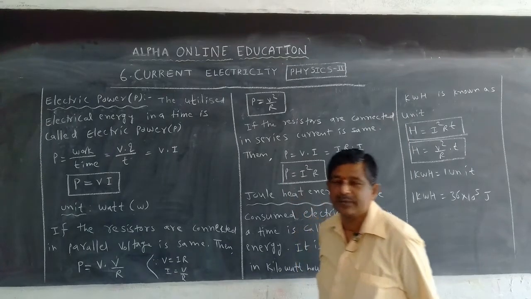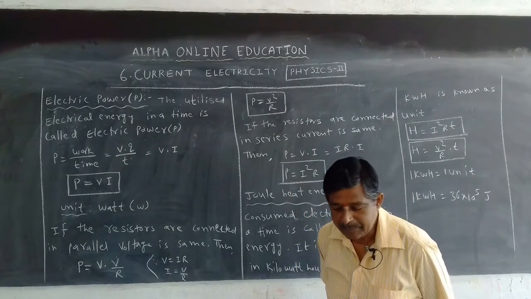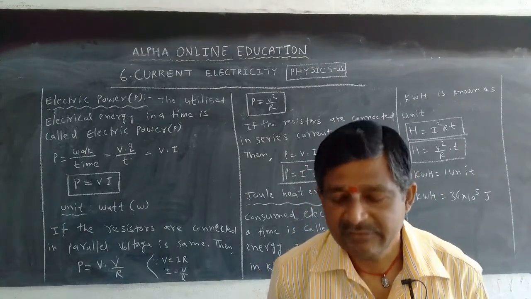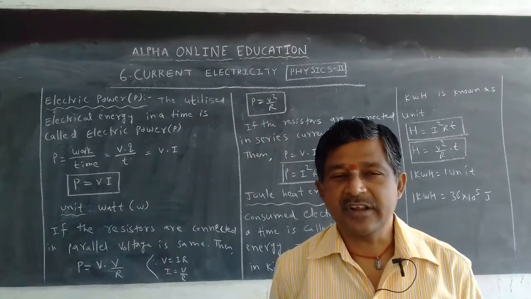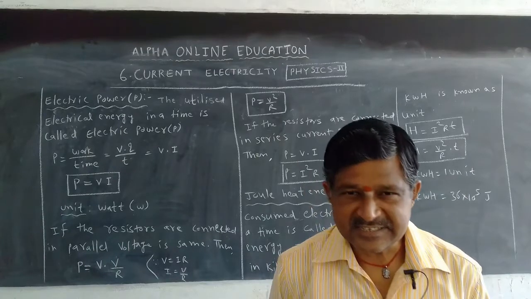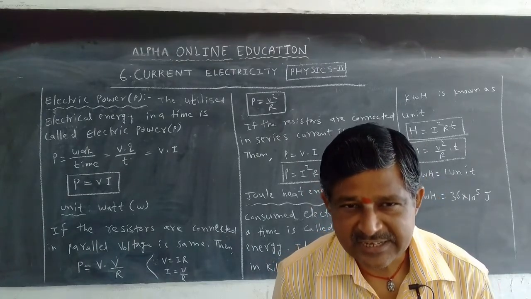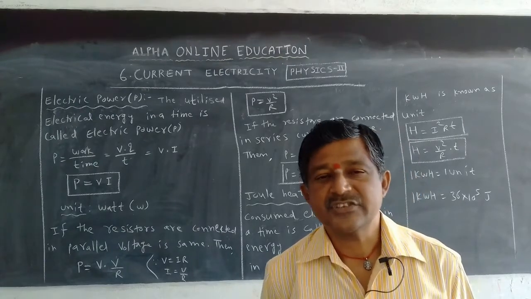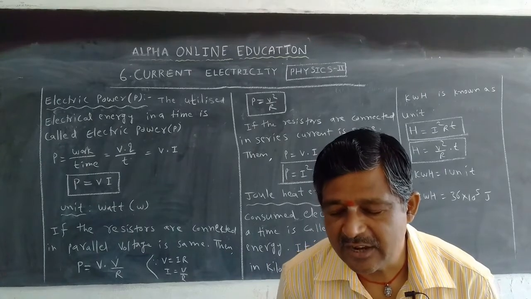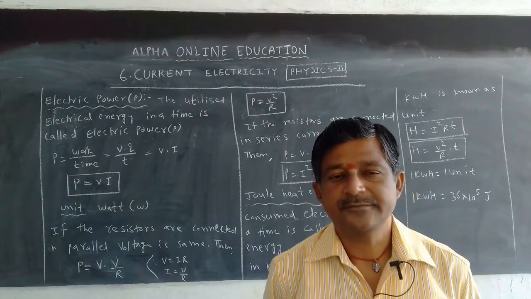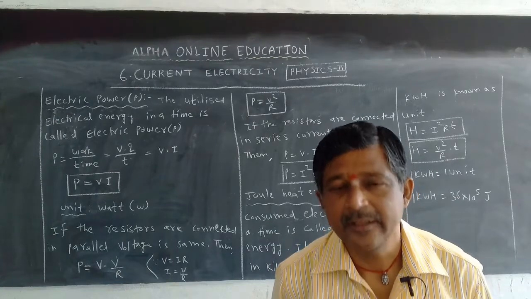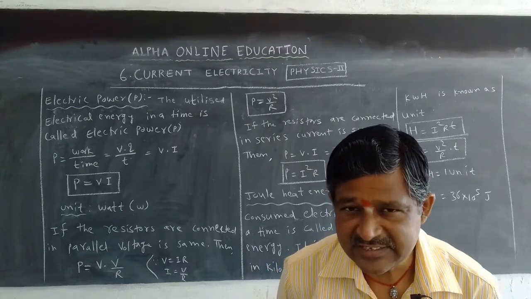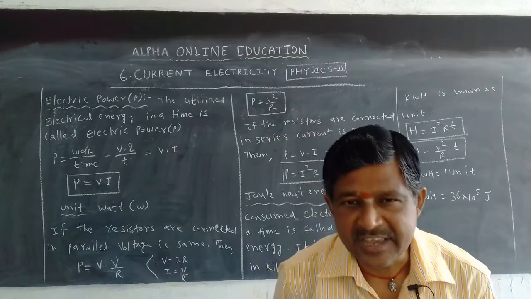That's why household appliances are always connected in parallel. In parallel, each and every appliance, even if the resistance is different, receives the same potential difference.